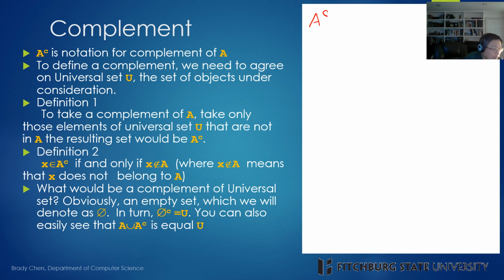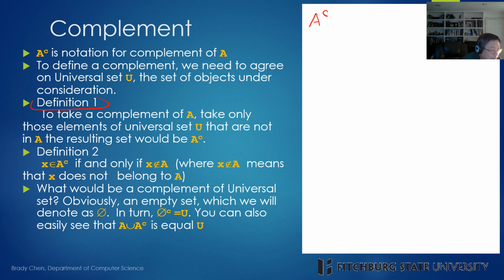So definition 1: to take a complement of A, take only those elements of the universal set that are not in A. Then the resulting set will be the complement of A, A to the C.